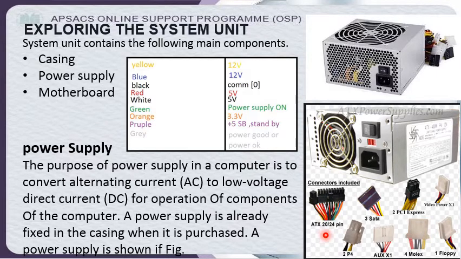That may be a 20 pin or 24 pin connector, and it has different voltages which we will discuss later on. Another connector with a power supply, most commonly used, is the Molex connector. A Molex connector is used to connect your IDE hard drive or your IDE CD-ROM.